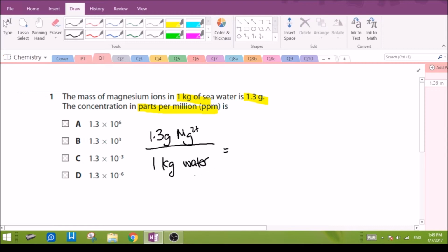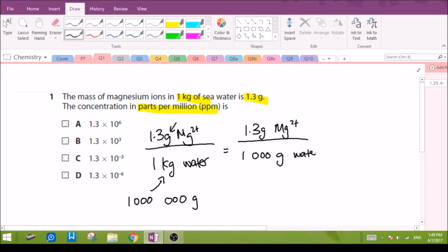Now what I will try to do is leave the numerator as grams, and express the denominator as 1 million grams, so that we have parts per million. 1 kilogram of water will be 1000 grams of water.